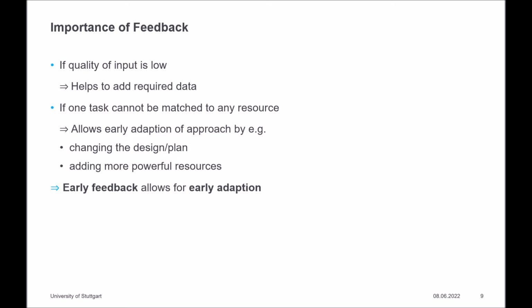So generally, early feedback allows for early adaptation, which reduces the amount of overall delays. Since the users can start production beforehand with, for example, other tasks, while experts try to resolve remaining issues by, for example, adding resources.